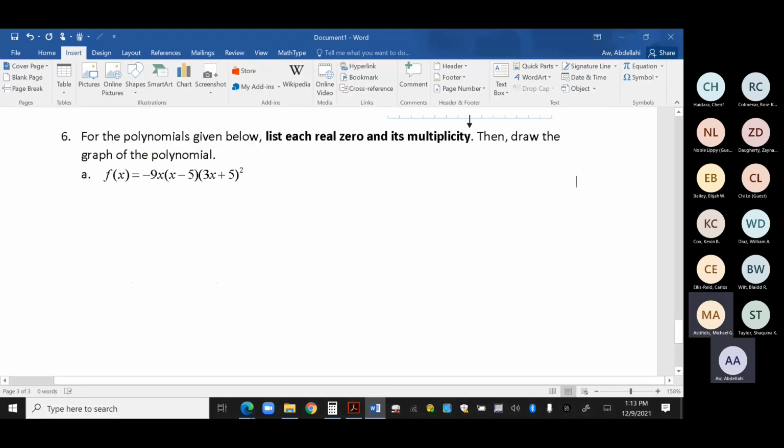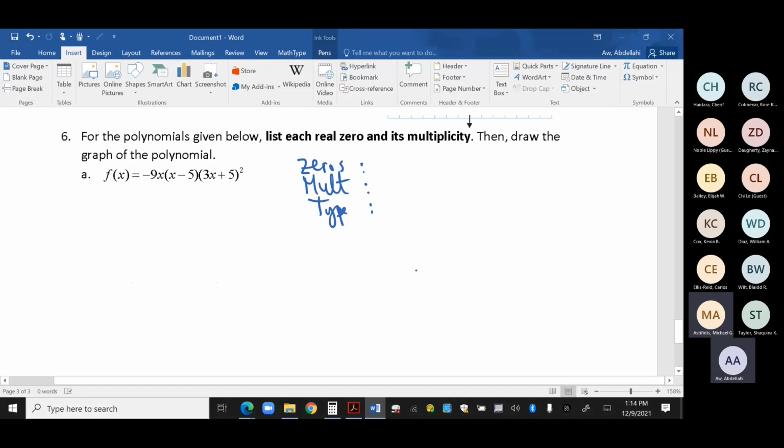I already have the factorization form. This is zeros. And what are the types of zeros? The multiplicities, right? So hold on. I'm going to do zeros first, multiplicity next, and type of zero next, right?